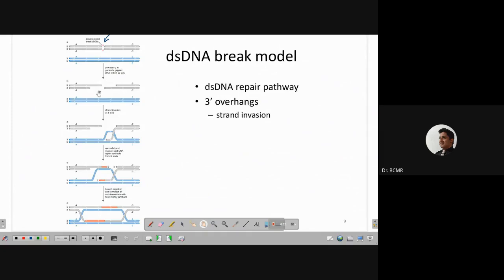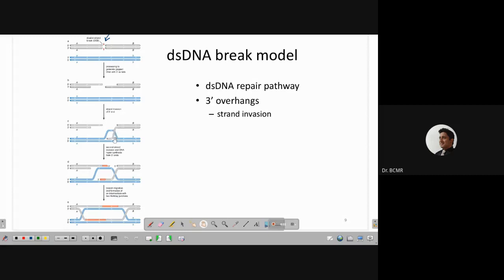These double strand break points can be processed to generate 3' overhangs, and those overhangs undergo strand invasion into the other DNA molecule, with displacement of the top strand. And then DNA replication may take over because there is an informational gap that should be filled, and that is taken up by these displaced strands acting as templates.